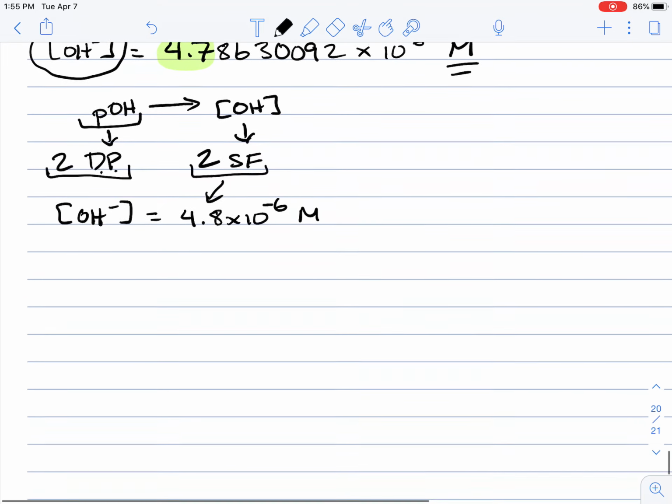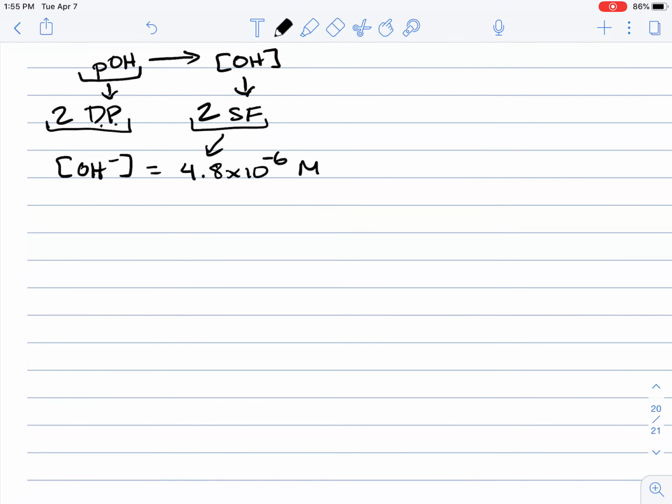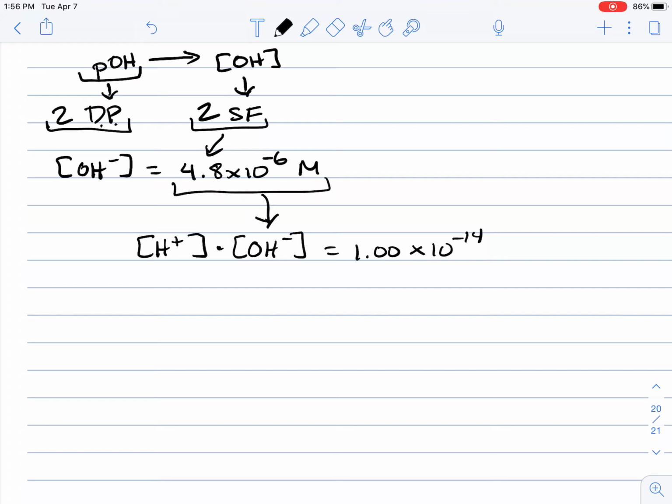Since we have the concentration of hydroxide ion, we're going to use the concentration of H plus times the concentration of OH minus equals 1.00 times 10 to the negative 14. I'm going to plug this concentration in.